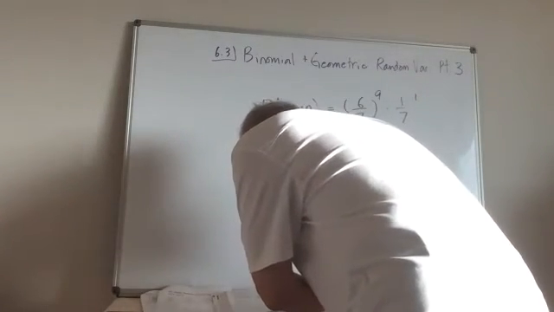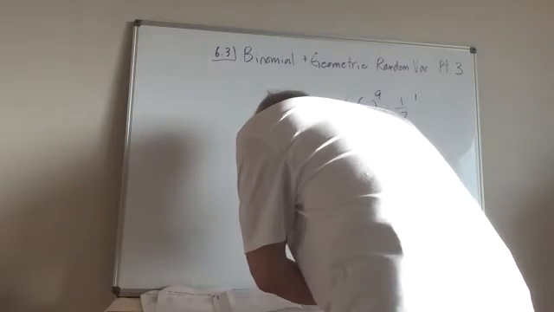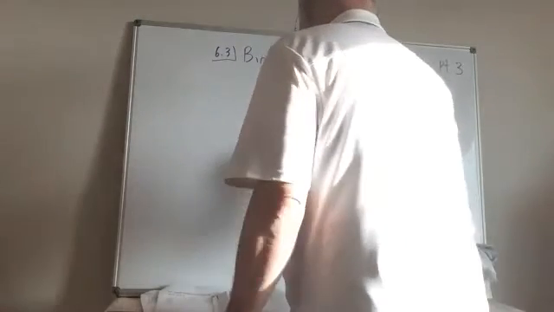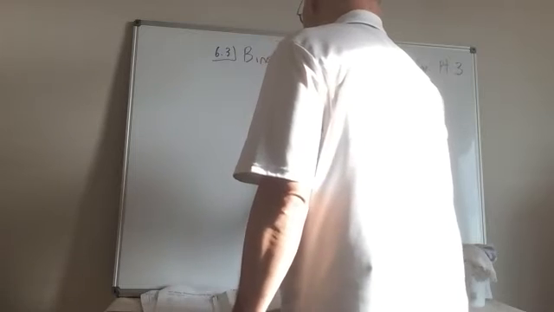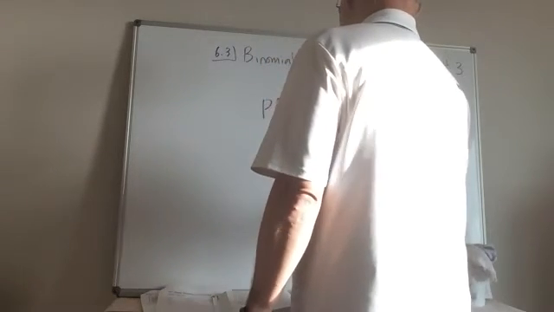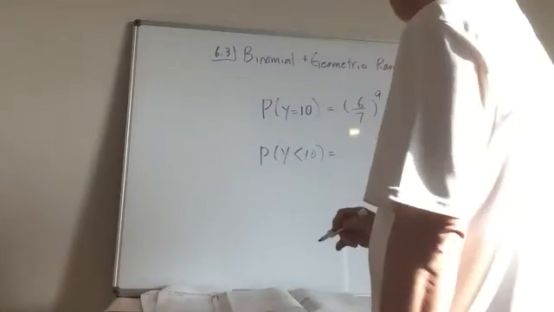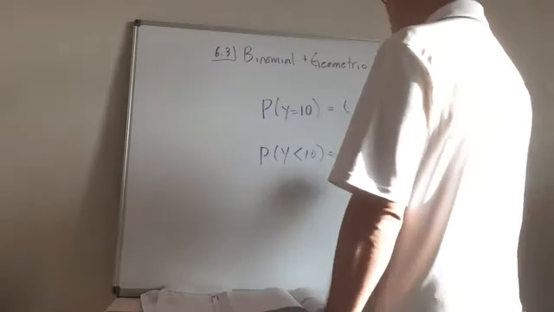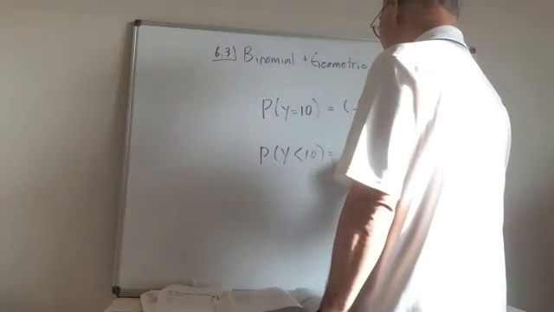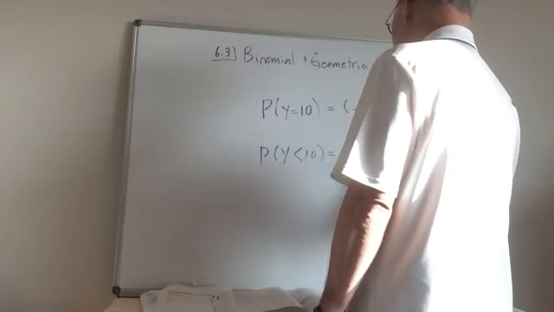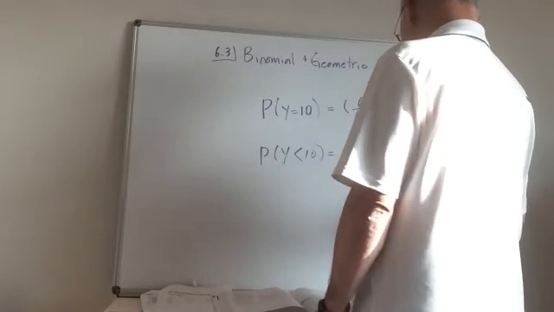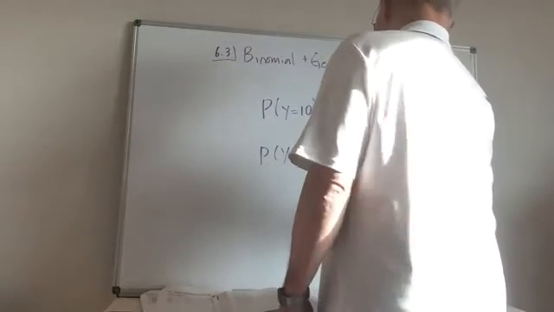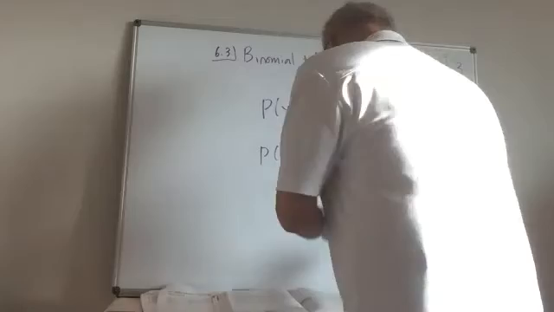B, find the probability that Y is less than 10 and interpret the value. If I had the geometric CDF, I could do this, but otherwise I could just add them all together.